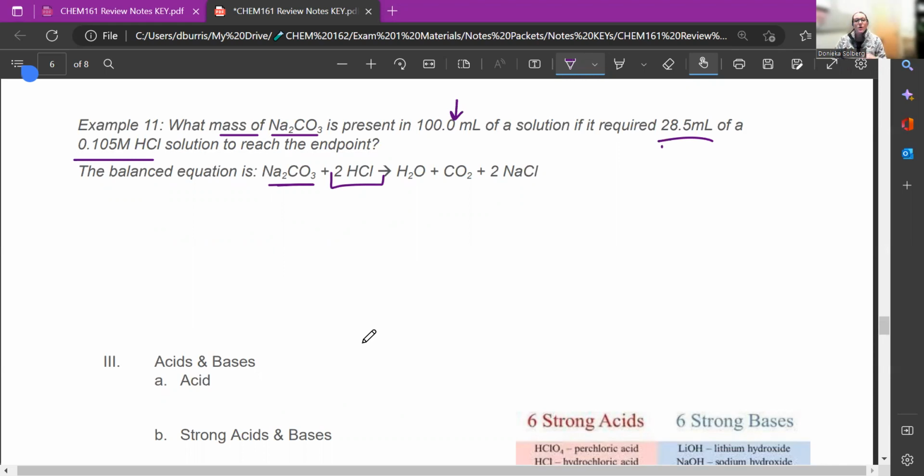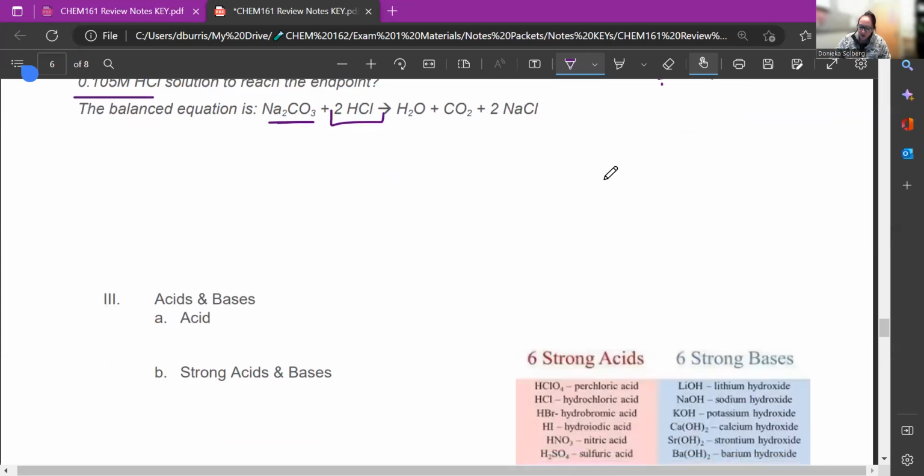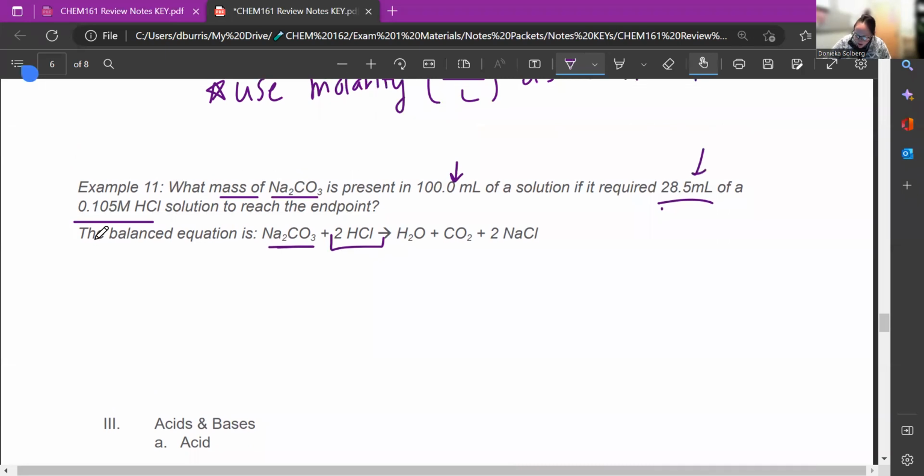All right, so when you're doing this problem, if you're not sure what number to start with, you always want to start with an amount, usually grams or milliliters or liters. And you want to start with one that you know the concentration of if it's a liter. So start with milliliters with a known concentration.